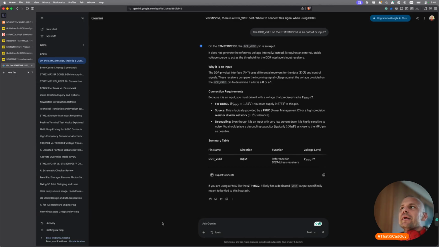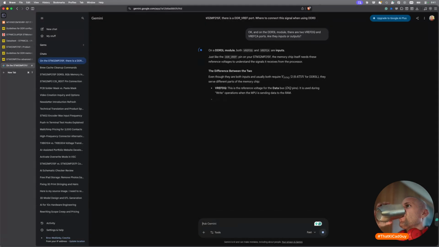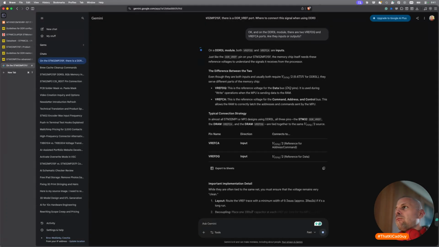Okay. And on the DDR3L module, there are two ports, VREF DQ and VREF CA. Are they inputs or outputs? Okay, so everything is input.